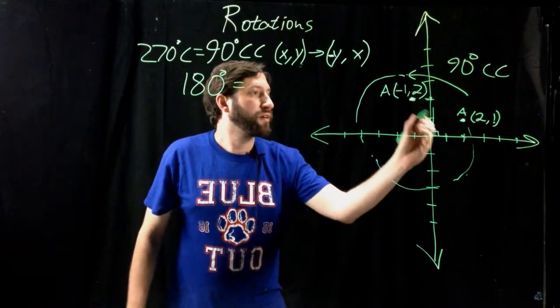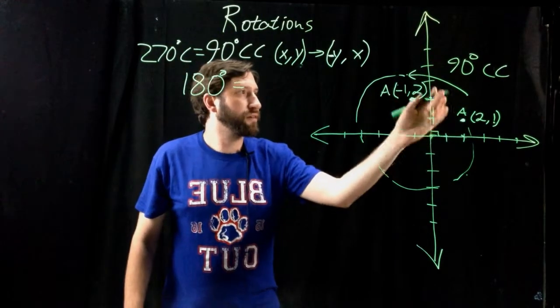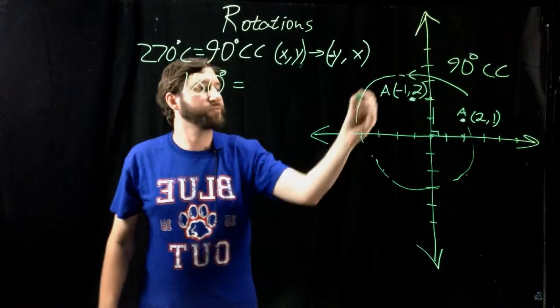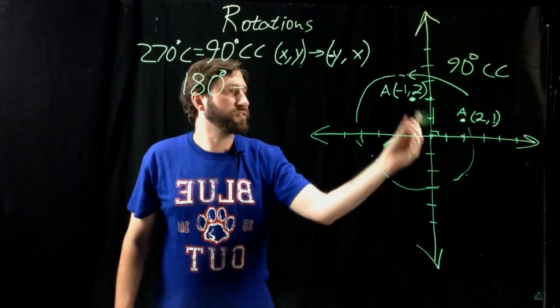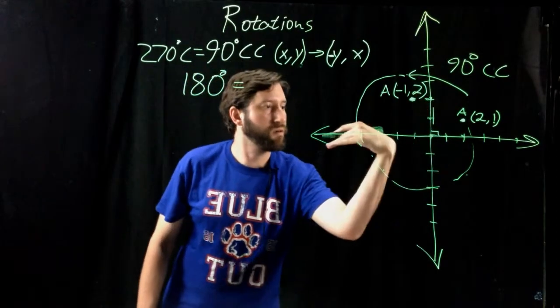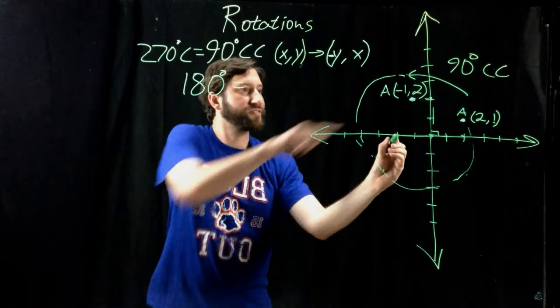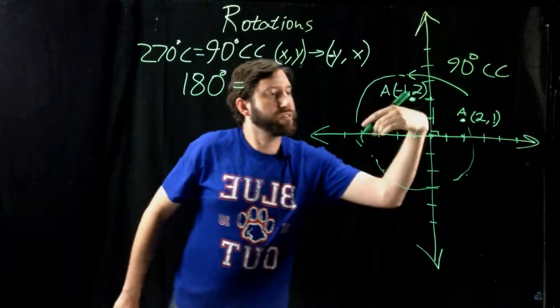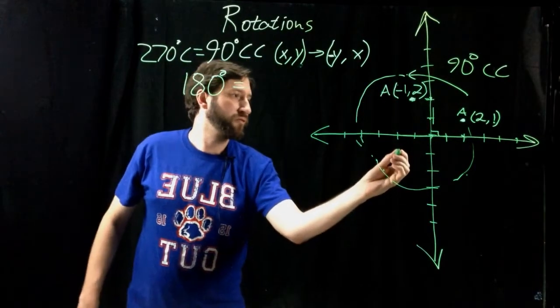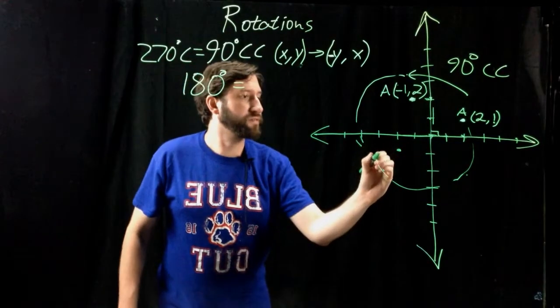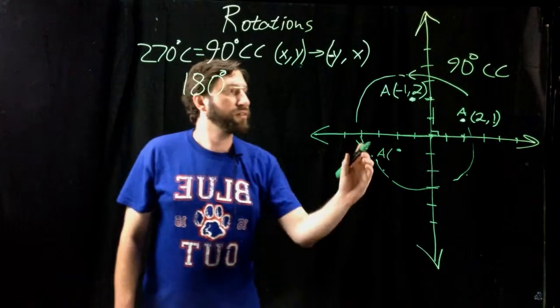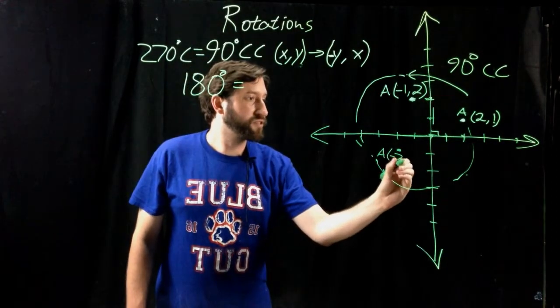Now let's look at what the coordinates actually do. Let's go 90 degrees at a time. So 90 degrees counterclockwise, let's do another 90 degrees. So I go up 2, over 1. Instead of going up 2, I'm going to go over 2. Instead of going over 1, I'm going to go down 1. That's going to be my new point right here. Notice the coordinates for this new point: they are (-2, -1).